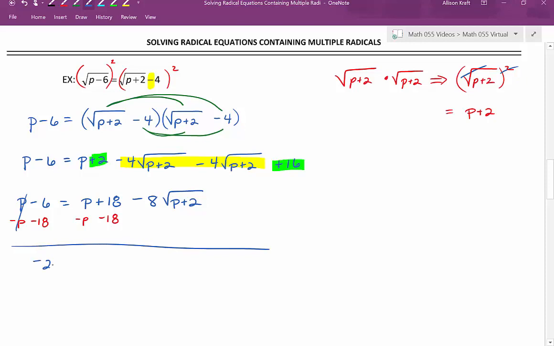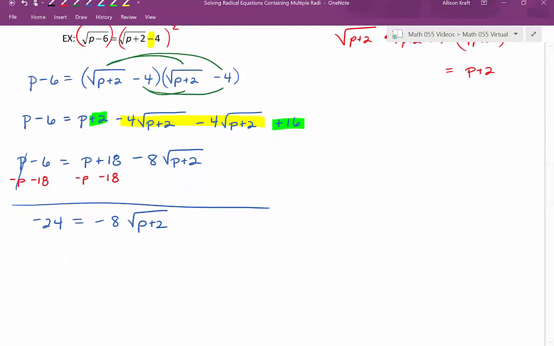It gives us negative 24 equals negative 8 square root of p plus 2. Continuing to isolate the radical, divide both sides by negative 8. We get 3 equals the square root of p plus 2.